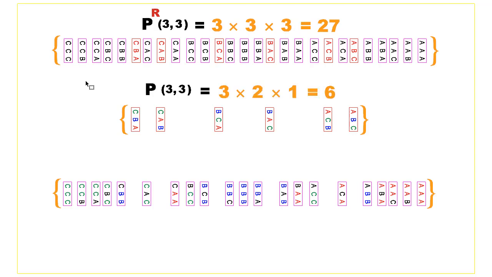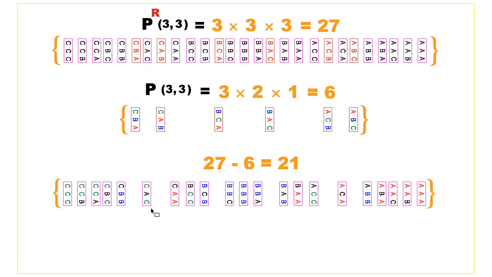And the first subgroup contains 6 sequences, which is permutation without replacement of 3 objects taken 3 at a time. And this group, which has repetitive letters, at least 2, is the difference between them.